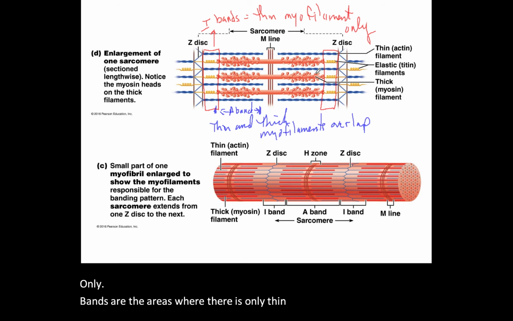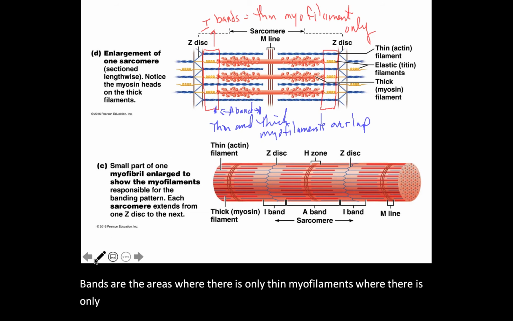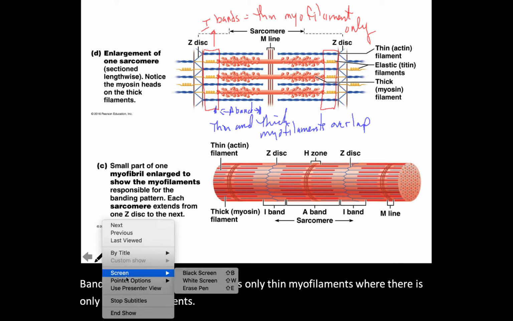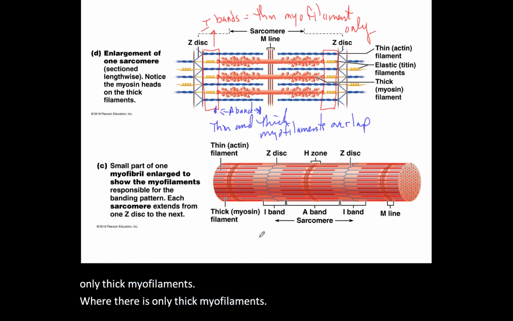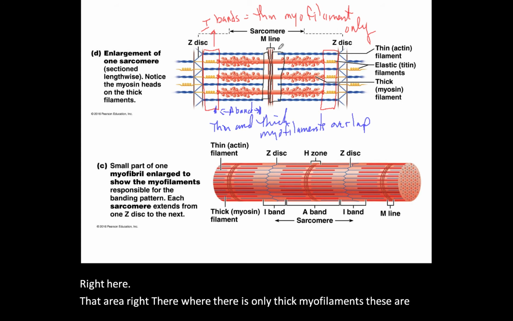Where there is only thick myofilaments, in other words, this area right here and that area right there, these are called the H zones.